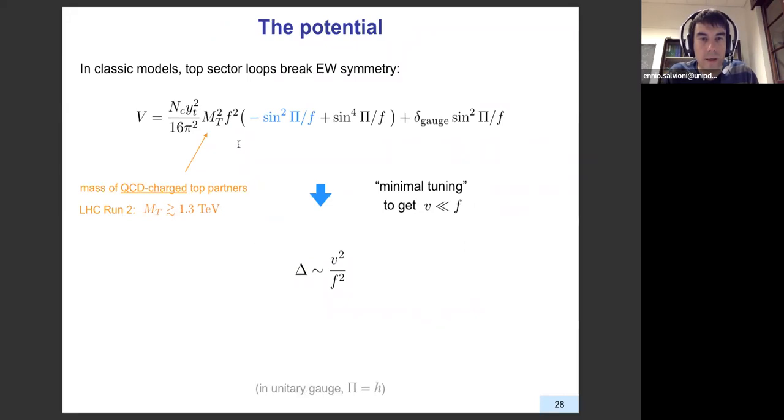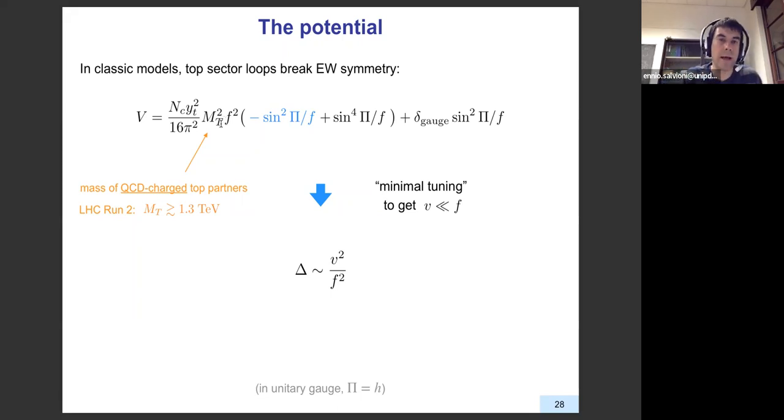This is how it works very roughly at the level of the potential. Here I just write a typical contribution from the top sector with a negative sine squared term and a positive sine to the fourth, so a negative mass and a positive quartic, to first approximation. What is important to notice is that there is a certain minimum size to this, which is given by the mass of the top partners. The top partners in this picture have color.